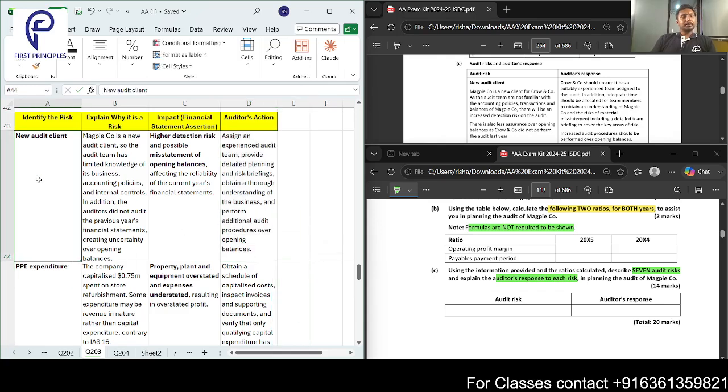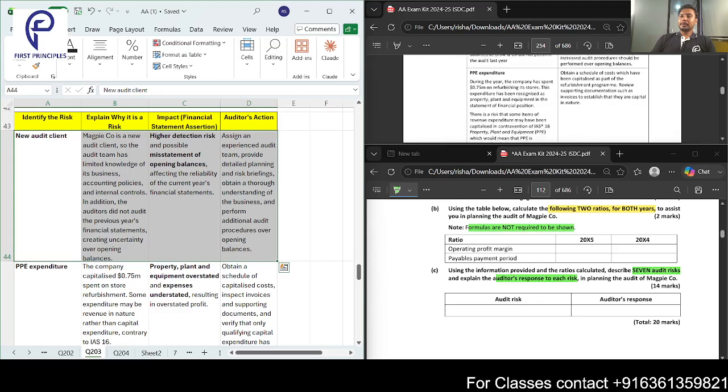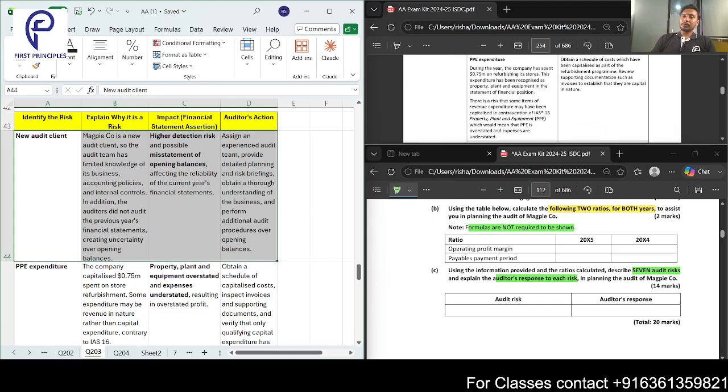Very good. You're absolutely right. So that is all about the new audit client. Whenever you get a new audit client, guys, it's again a very easy place to score marks. So don't lose out on any marks there.